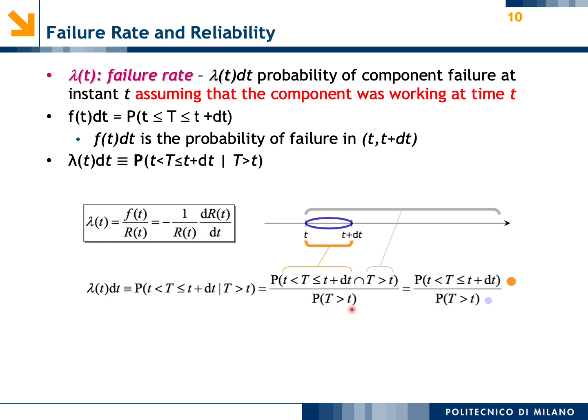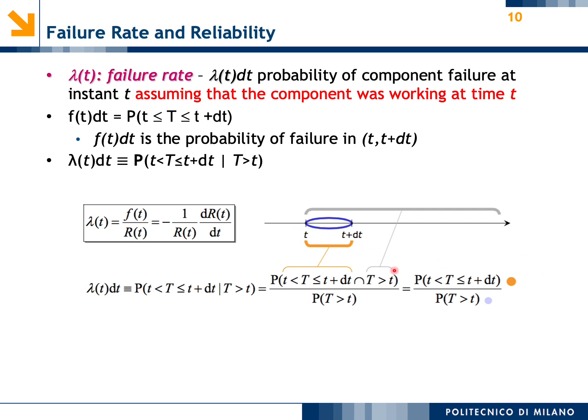But if we take a look at this expression, so the intersection between the first interval between t and t plus dt, that is the smaller one here, and capital T larger than t, so that the event is larger than t, then we see that the intersection between the gray part and the orange part is actually the orange one.